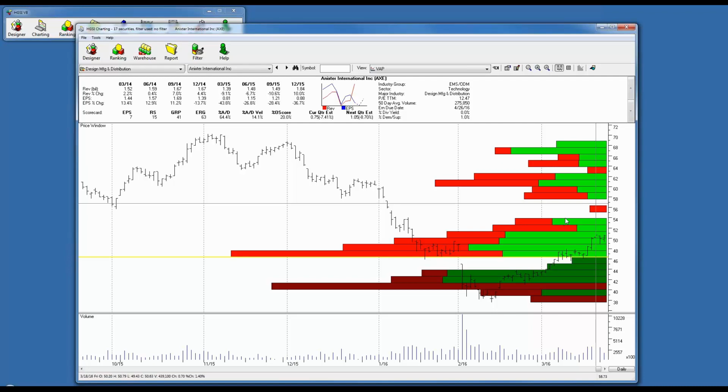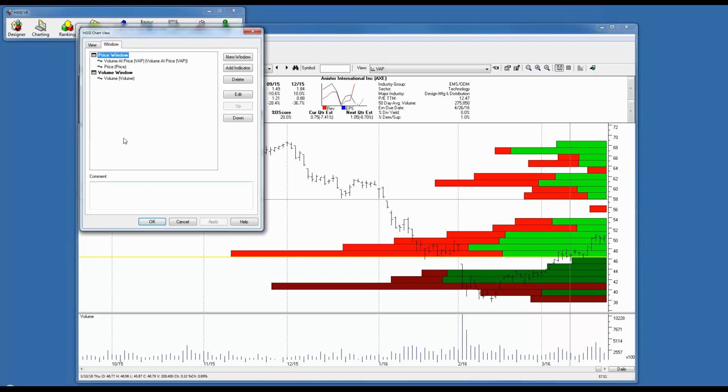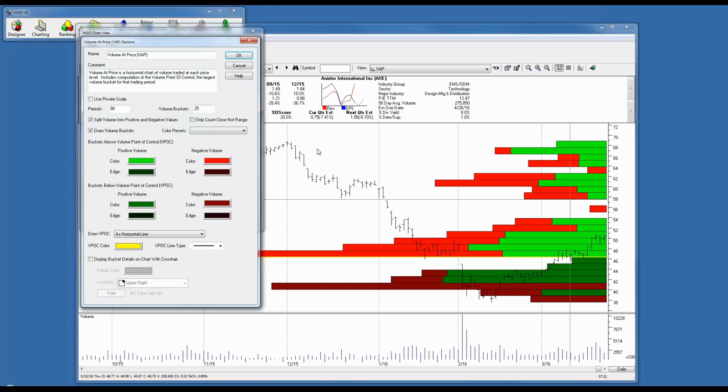And some people might prefer that because close is a much truer number than the intraday high to low, the way the stops are being run these days by the high frequency trading. But it makes for a very gappy chart, and so as a rule I don't think it's the best volume view. So it's not a default, but the option is there, you can do it.